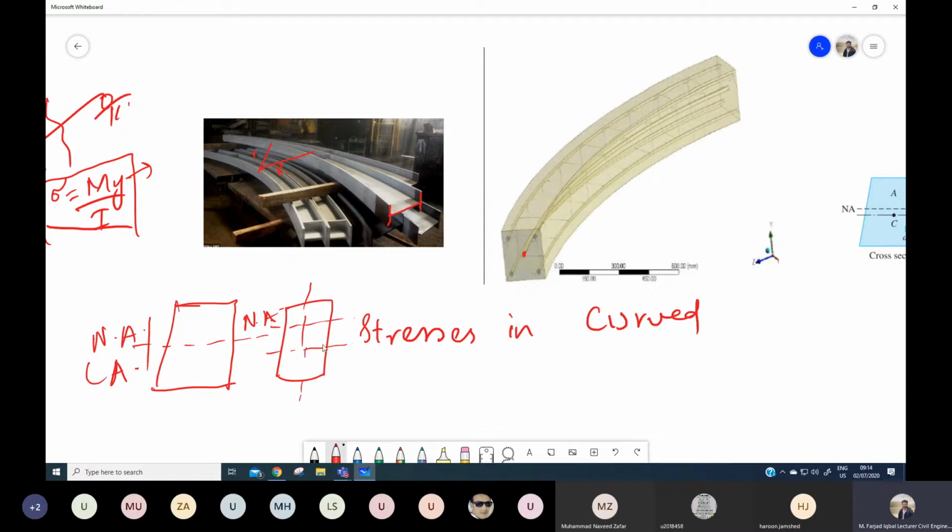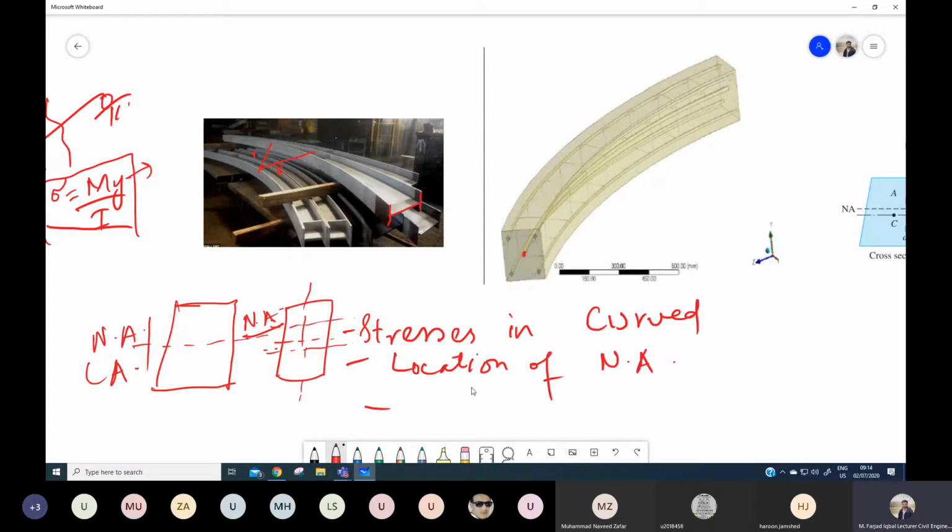Anyway, the neutral axis is not right on the centroidal axis. So the second thing we need to figure out is how to determine the location of the neutral axis in curved beams.